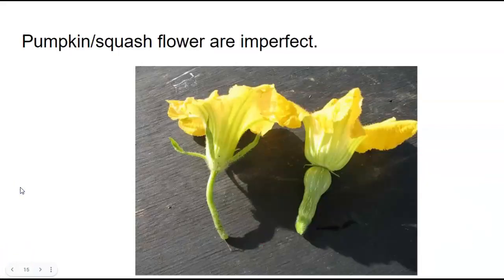So one example of this are pumpkin or squash flowers. True story, last year I was growing cucumbers, which belong to the pumpkin and squash family, so their flowers look a lot like this. And I was like, gosh, I kept getting all of these flowers on my plants, but I wasn't getting any fruit.